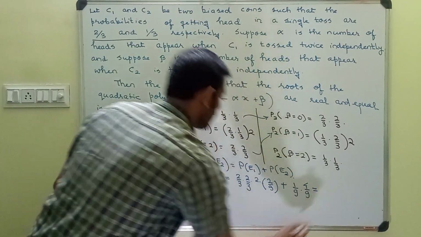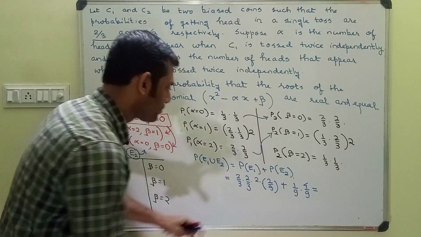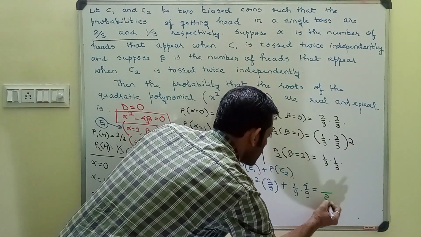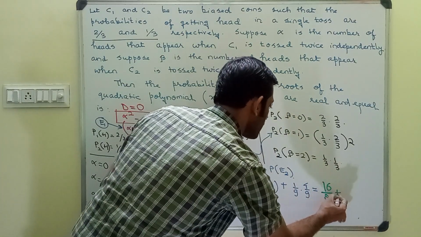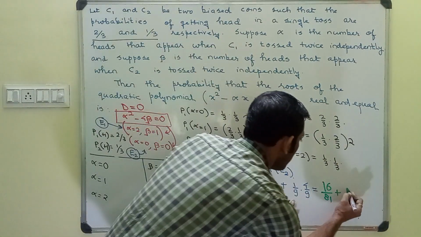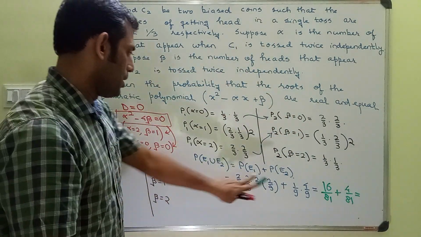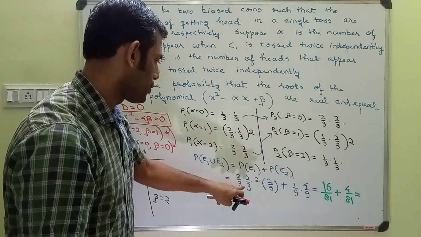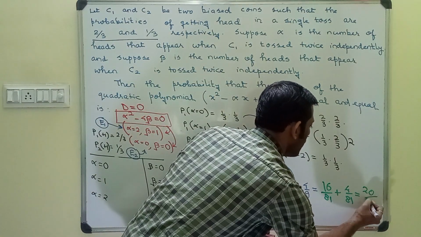And if I go for the final counting, we are almost at the end of our calculation. Now you see what we have. 9 cross 9 makes 81. And we have 4 cross 4, 16 by 81, plus 4 by 81, that makes it 20 by 81.